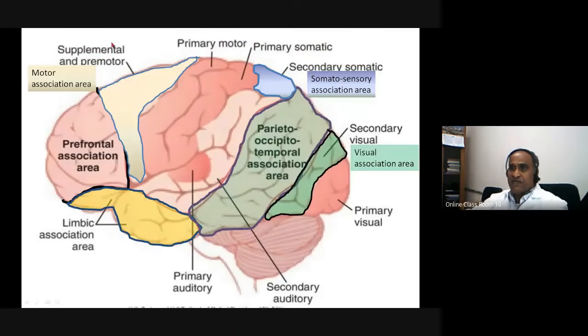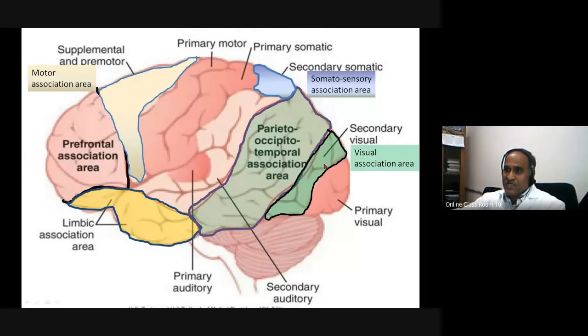Now coming back here, here is the parietal, occipital, temporal association area. You can just see that. Here is the secondary somatosensory area. This is communicating with the parietal occipital. This forms the parietal occipital here itself. That's one component.